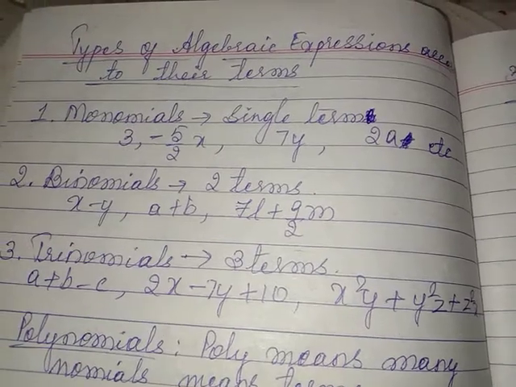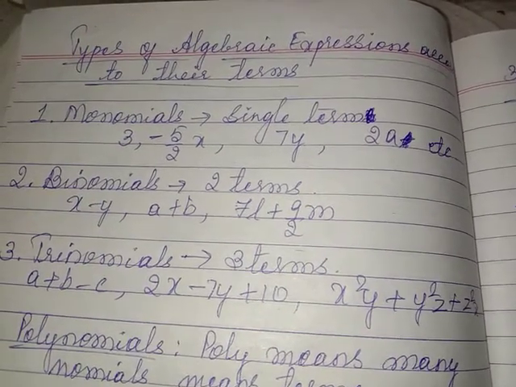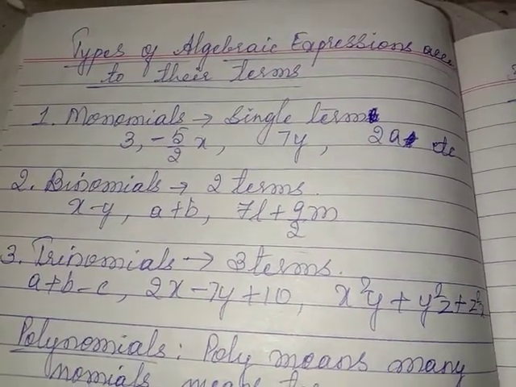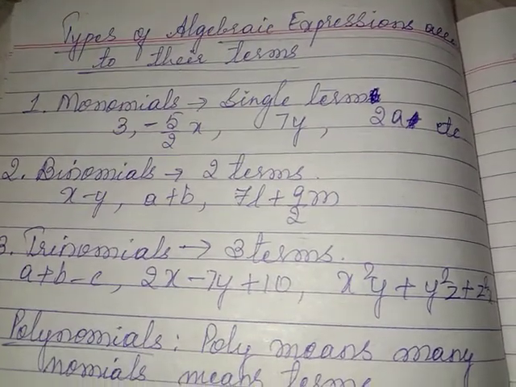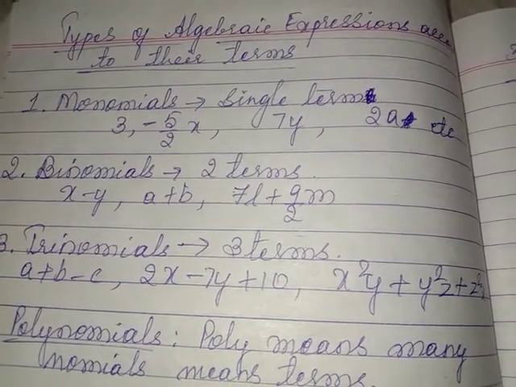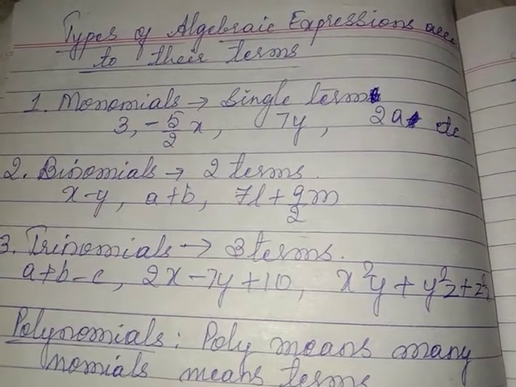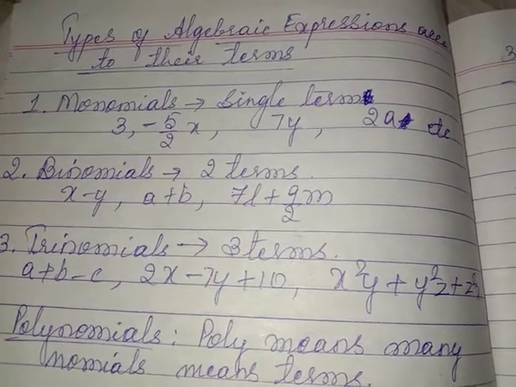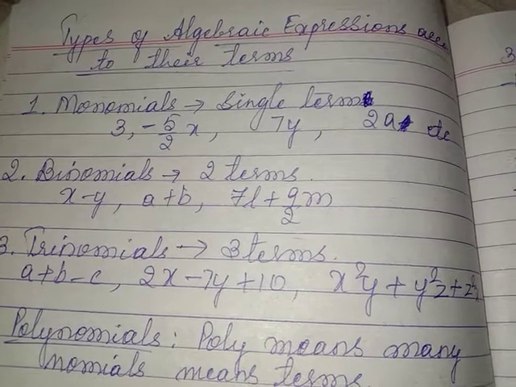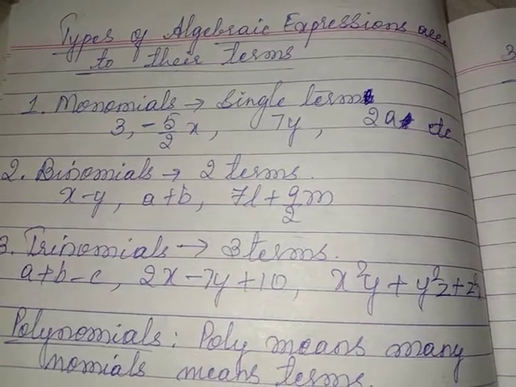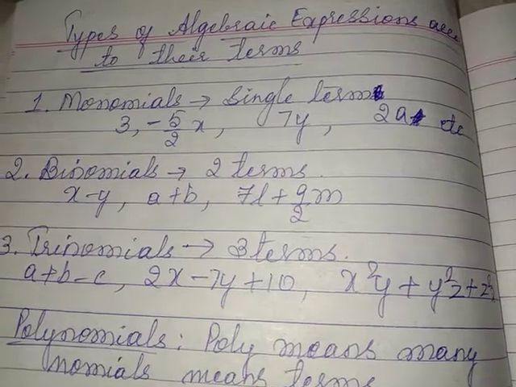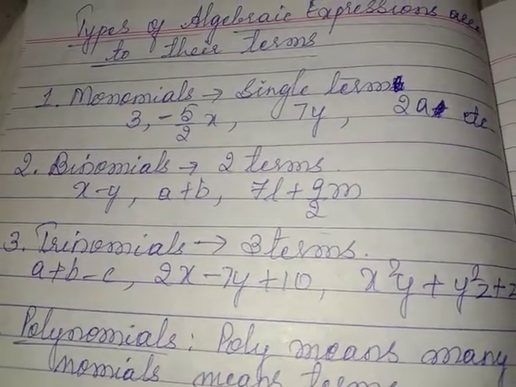Examples: 3 is also a monomial. Though it is a constant, we can tell that it is one term. 3 is one example for monomial. Minus 5 by 2x is another example. 7y is an example. 2a is another example. Many examples you can give for monomials.